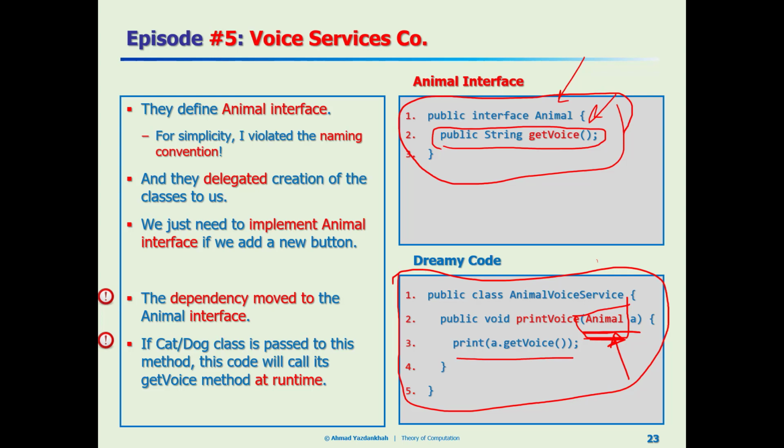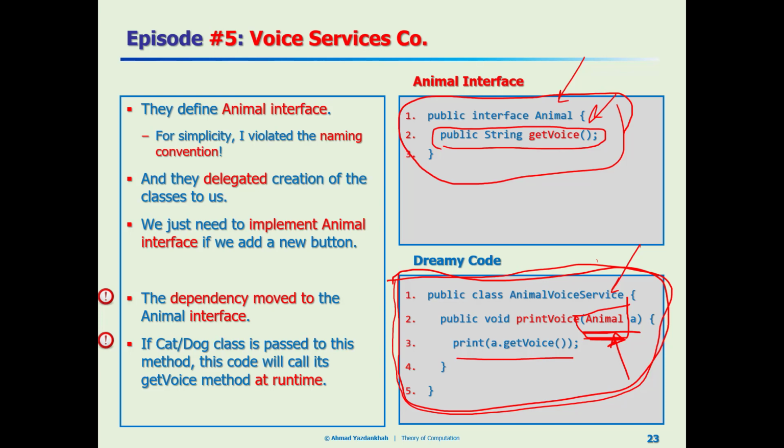When they are creating a jar file for this, they don't know what we are going to pass as this parameter. But Java can recognize at runtime that it's a cat, and then it calls the cat get voice. If we pass a dog, Java will recognize it and call the right get voice method. This is the beauty of polymorphism and object oriented programming that I was talking about.